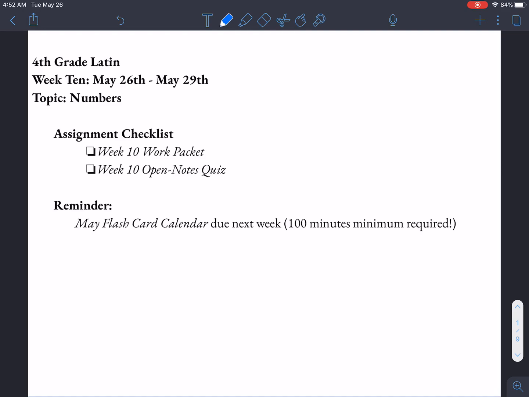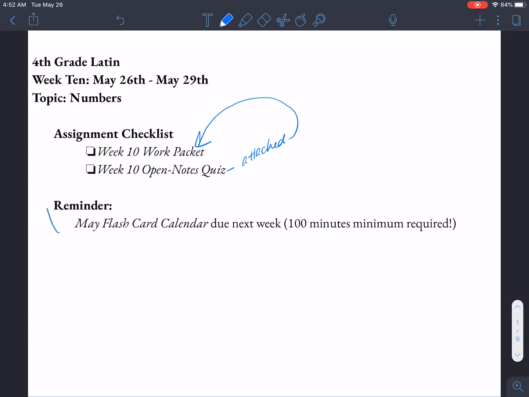Now the open notes quiz is not online or anything like that. It's attached to this packet, okay? It's all included in here for you, all right?